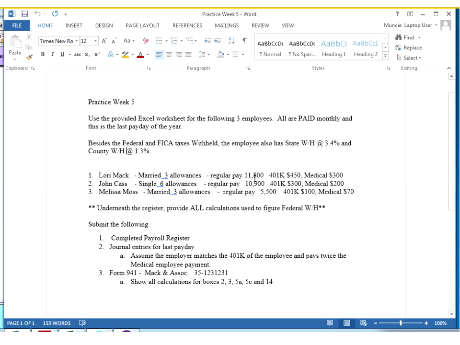I tell you what the regular pay is on a monthly basis. That's going to be important to figure out what our information should be as of November 30th. We've got to know that. We've got to know how much we've made so far, and then how much other items get taken out of their paycheck. Okay, so I'm going to close out this screen and pull up the payroll register.